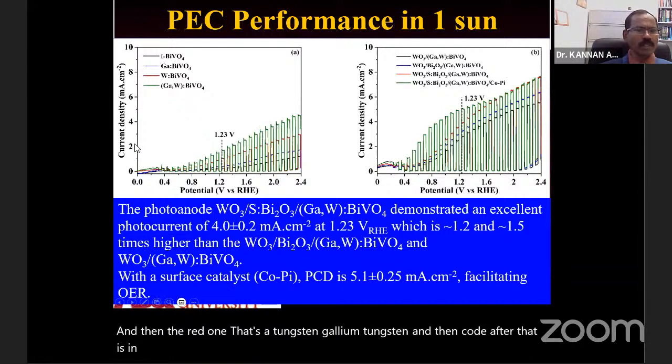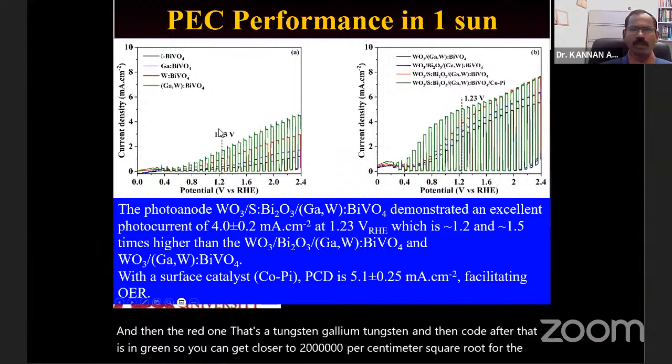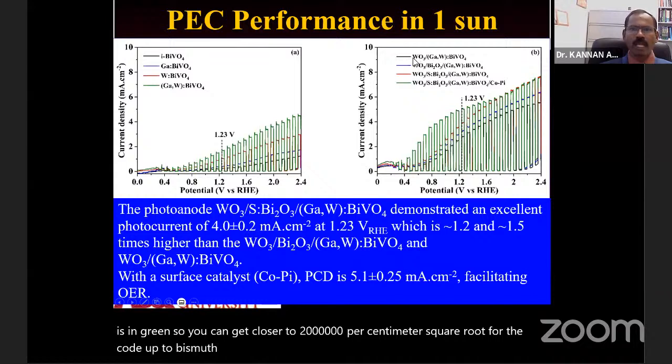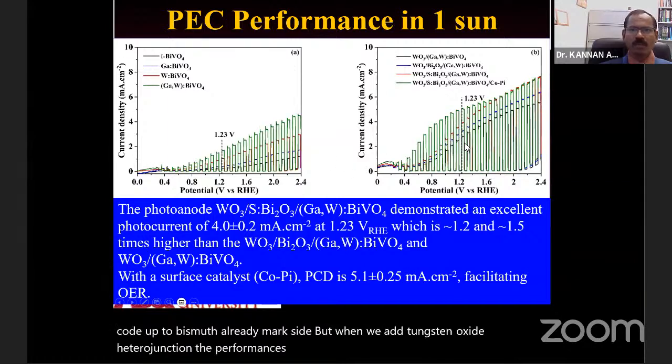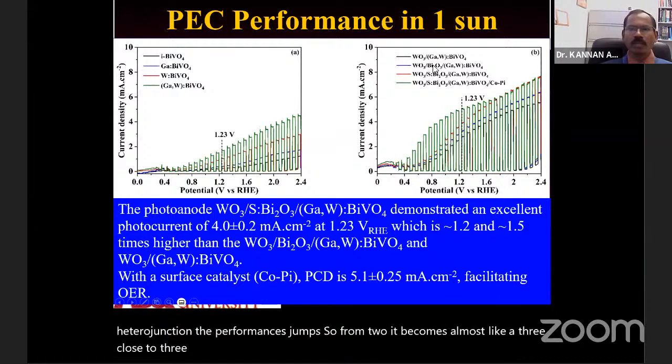You can get closer to 2 milliamp per centimeter square for the co-doped bismuth vanadium oxide. But when we add tungsten oxide heterojunction, the performance jumps. From 2, it becomes almost 3, close to 3. Then when we add bismuth vanadium oxide interface layer, it jumps further.